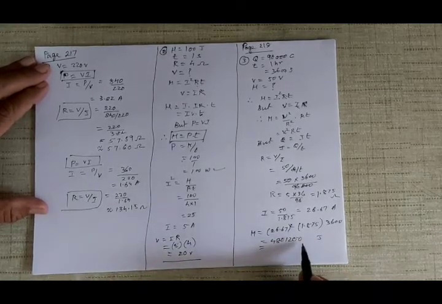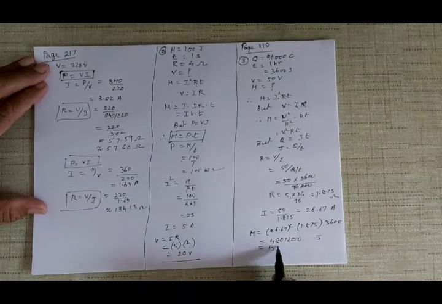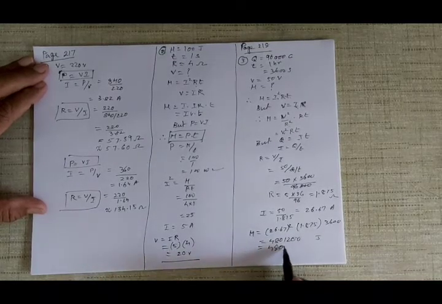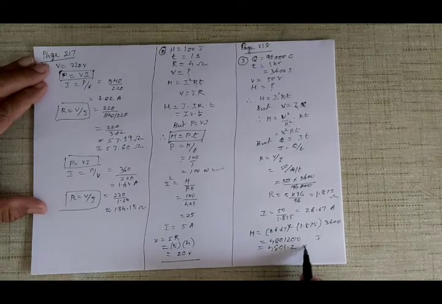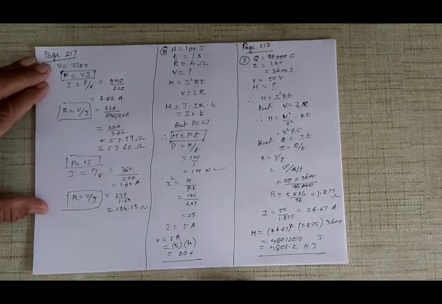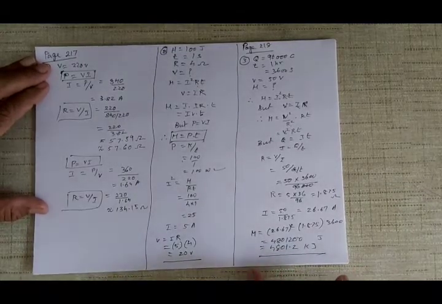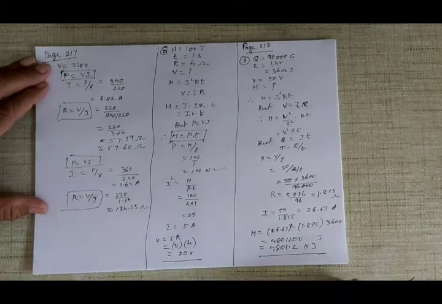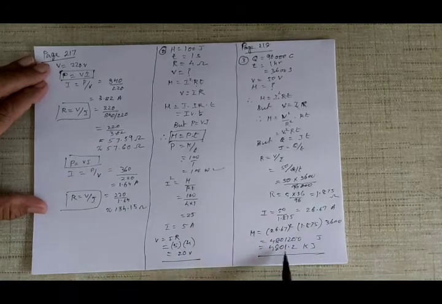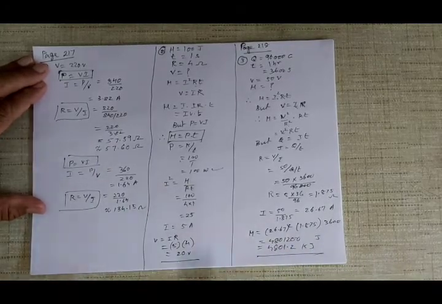If I divide it by 1000, I get 4801.2 kilojoules. The answer may be given in kilojoules. It is possible that the answer is given in kilojoules, approximately 4801.2 kilojoules.